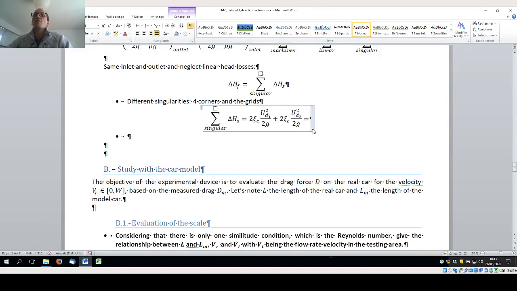We can write it with the flow rate. ud1 is the flow rate velocity, this is the flow rate divided by the section.